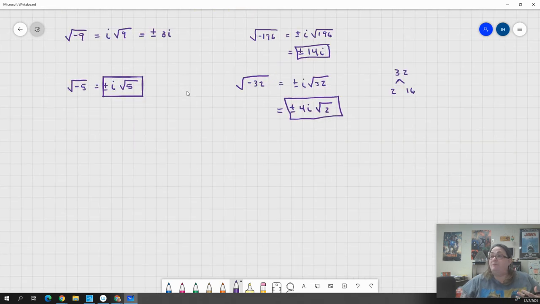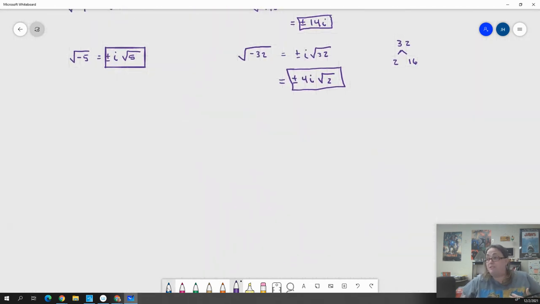Will they always be this simple? No, you're going to get them in terms of equations too, right? Just like we did the other day when we were dealing with square roots. If I have, for example, x squared plus 81 equals 0, and I want to solve it, I'm going to isolate that x squared just like before by subtracting 81 from both sides. I'm going to wind up with x squared equals -81.